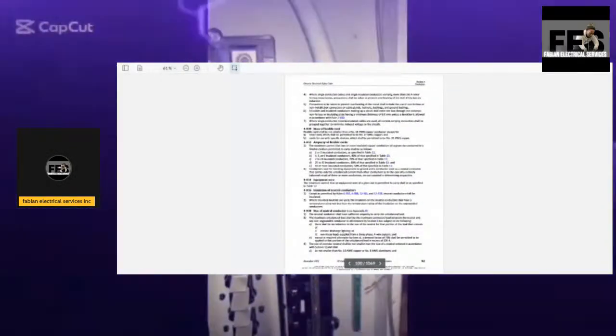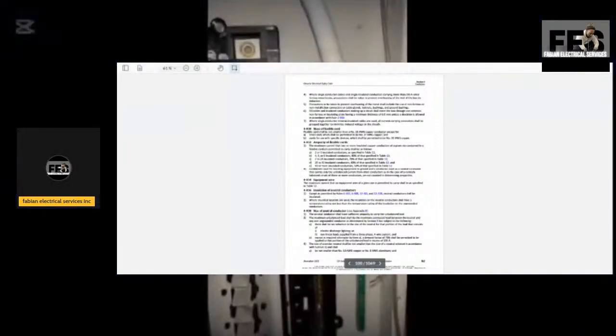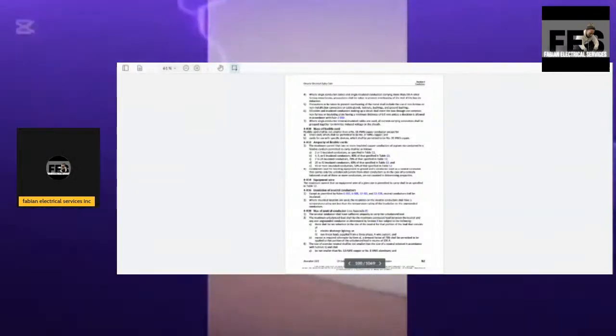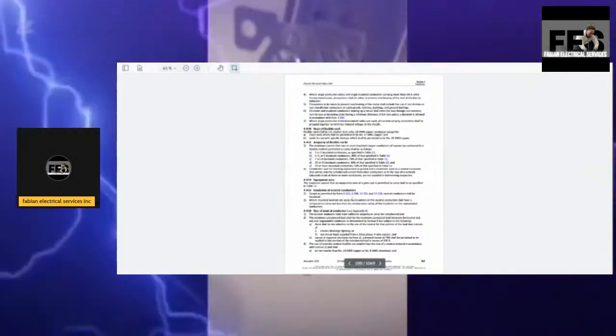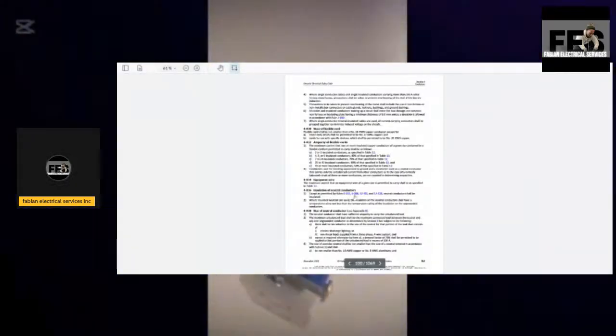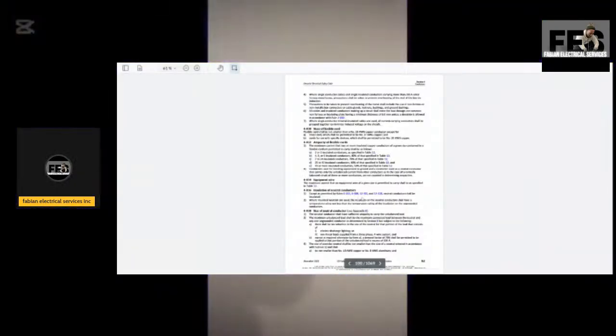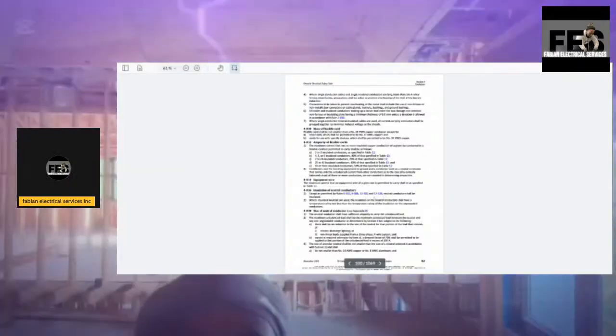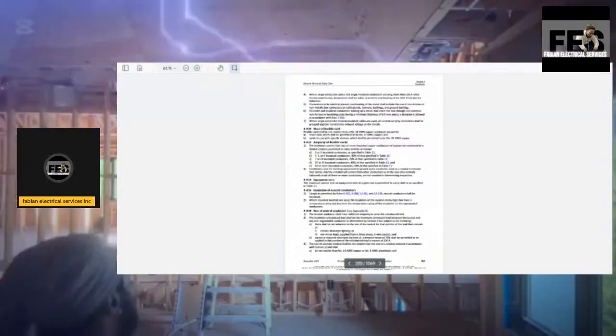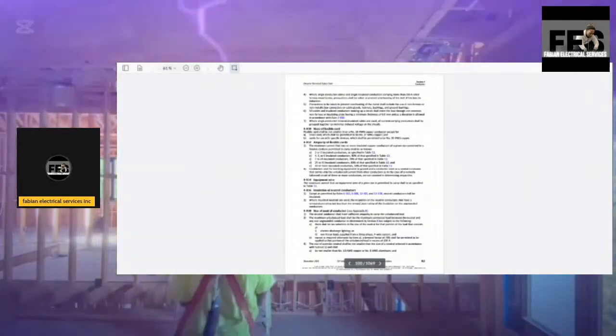This is a rule that maybe a lot of people will probably want to know. Except as permitted by Rule 6-302 to 6-308, then it tells you another rule, 12-302 and 12-318. Neutral conductors shall be insulated.